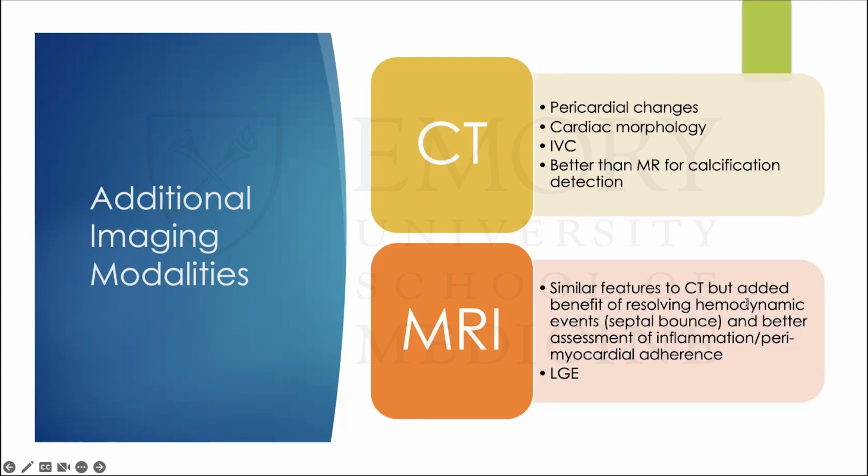So you can assess the inflammation a little better there. Our patient did not have late gadolinium enhancement, but that's another feature that you can sometimes see in constrictive pericarditis on cardiac MR that can be suggestive of whether the patient's inflammation is improving or getting worse.